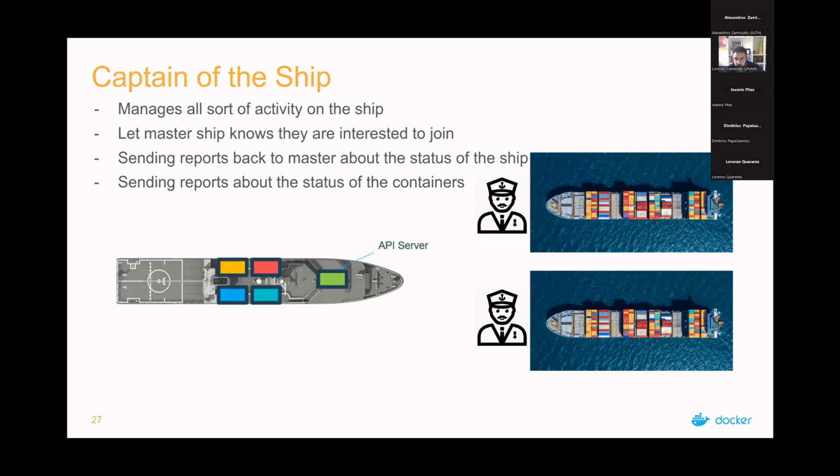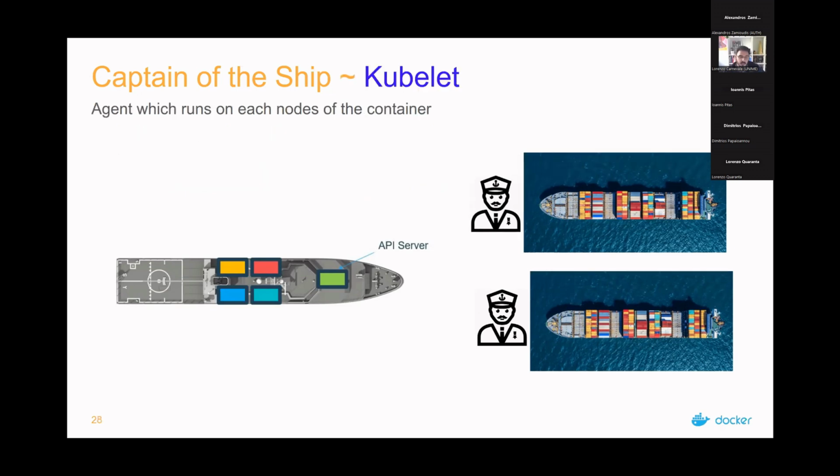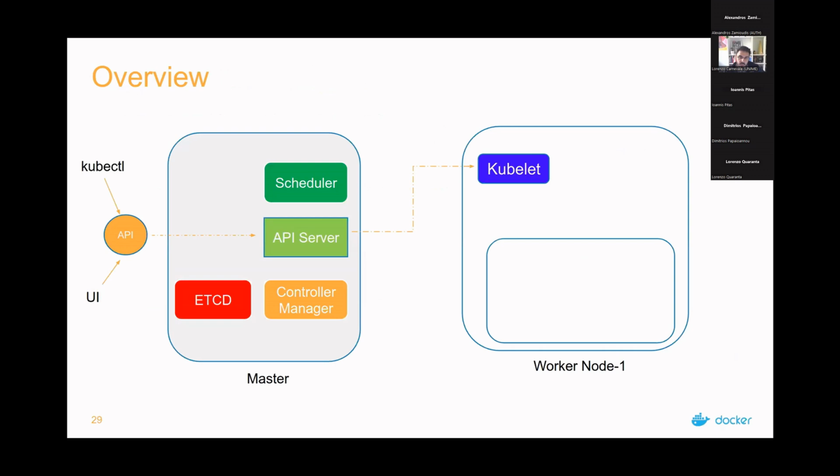So of course, the captain is responsible for controlling, checking from a near distance, the containers. This is done in Kubernetes with the kubelet, an agent which runs on each node of the containers. And then we put the kubelet inside the worker node. So we can see now that we already divided the worker node into different environments, okay? So the kubelet is the component that allows the communication with the API server of the master.